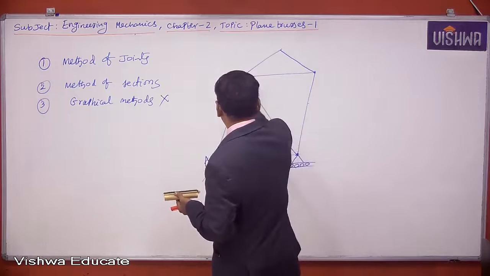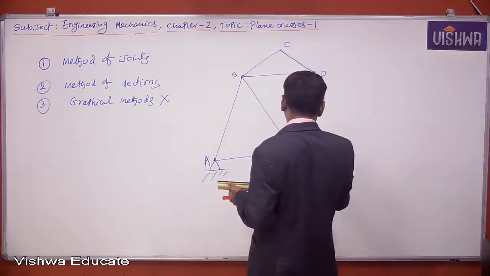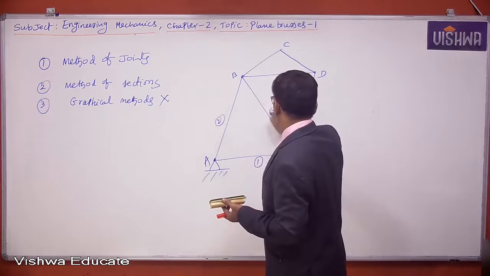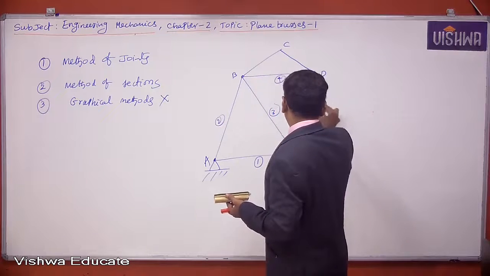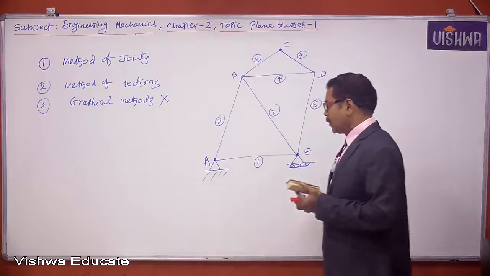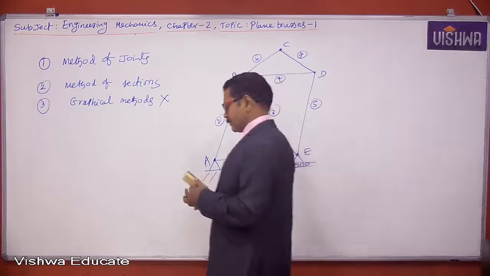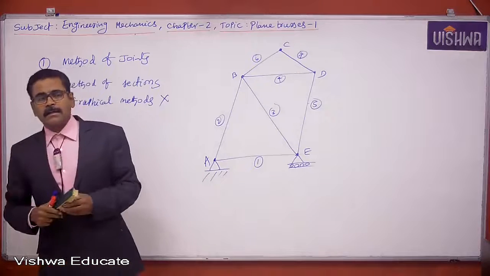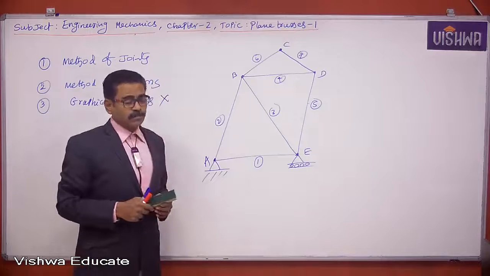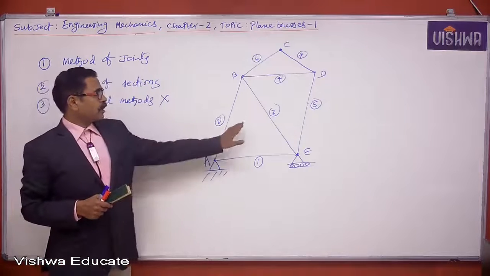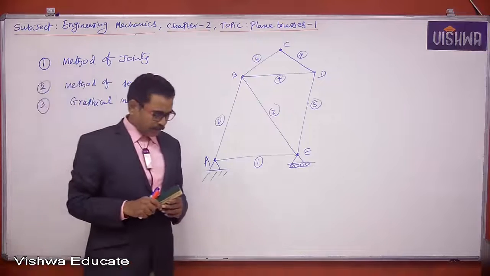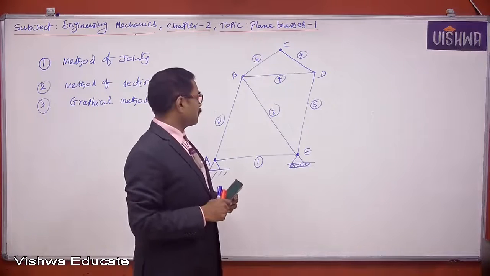This is A, this is B, this is C, this is D, and this is E. This is the first member, this is second, third, fourth, fifth, and this is sixth and seventh. All of you may copy this diagram. These shortcuts are very handy in the GATE exam. Within seconds you can predict the answer for many of the problems in GATE. So copy this. Here a plain truss is presented.